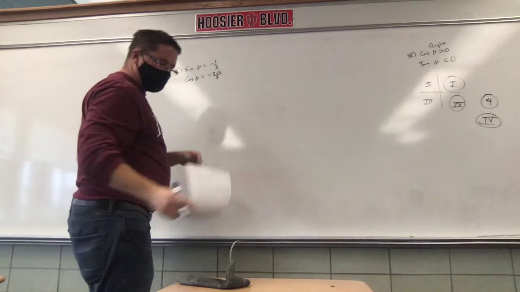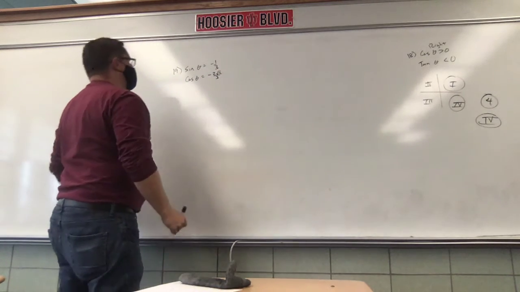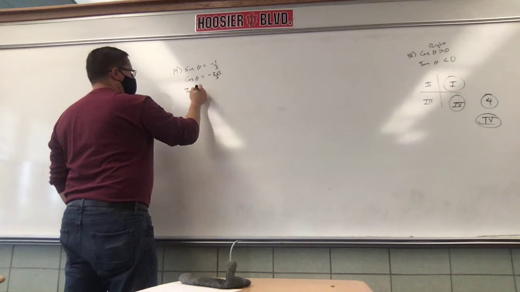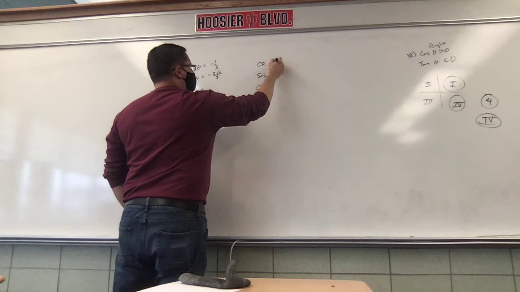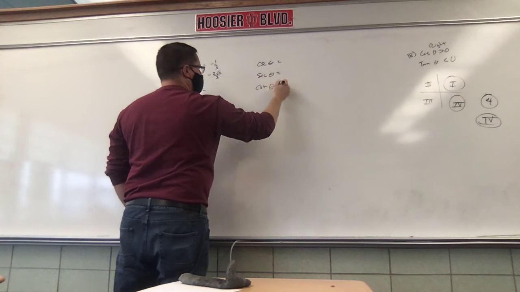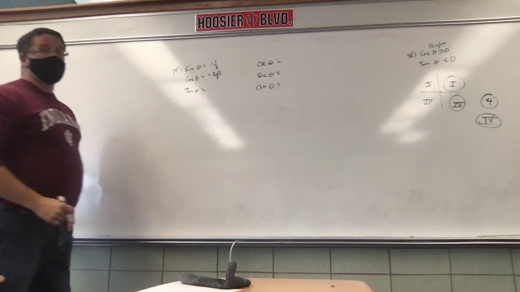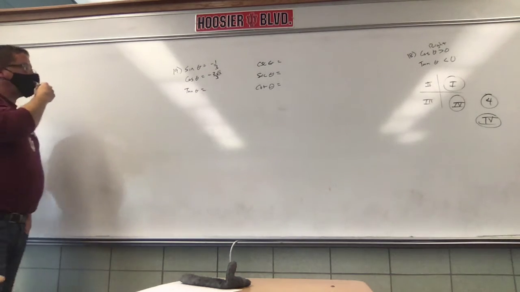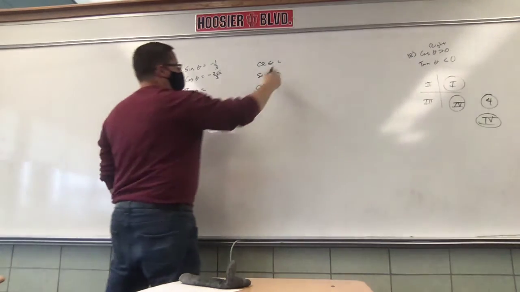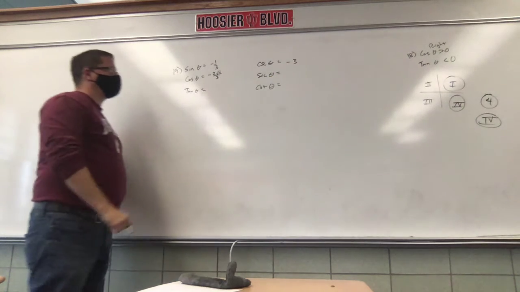I want the other 4 trig functions. So I need tangent, cotangent, secant, and cosecant. I'm going to find cosecant first. That's the easiest of them all. To find cosecant, you flip sine. You flip negative 1 over 3, you have negative 3 over 1, which is just negative 3.